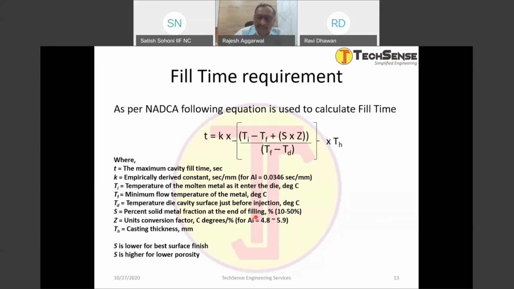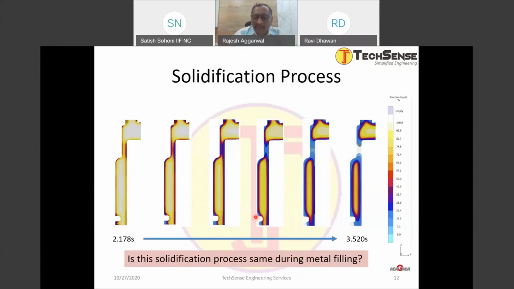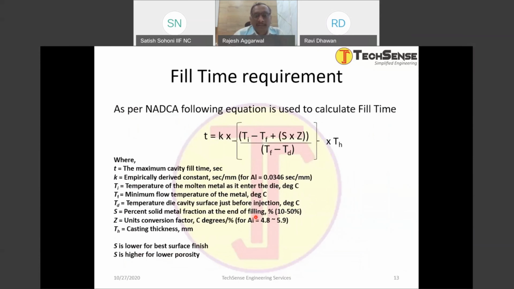As we talked in the previous slide, during filling also the solidification behavior will be there, and metal will definitely be getting solidified during filling as well. Correct? So this percent solid metal fraction is a very, very important variable. Right? We will go further detailing of this as well. So Z is a unit conversion factor. For aluminium, it is 4.8 to 5.9, and TH is the casting thickness.